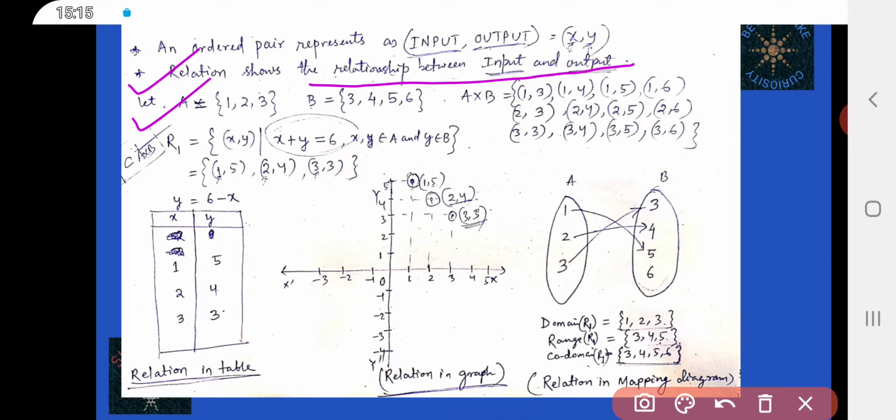So here let set A contain 1, 2, 3 and set B contain 3, 4, 5, 6.